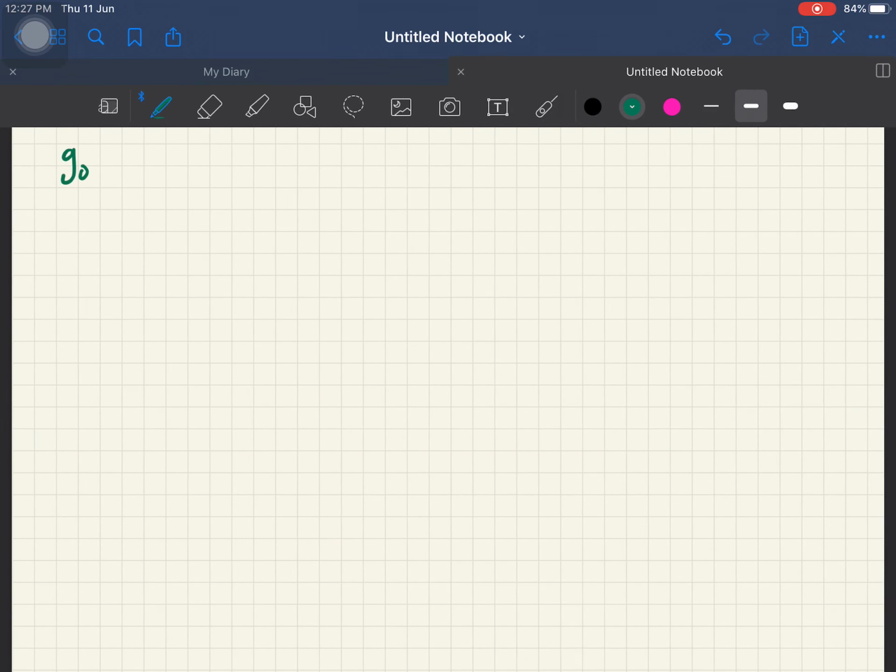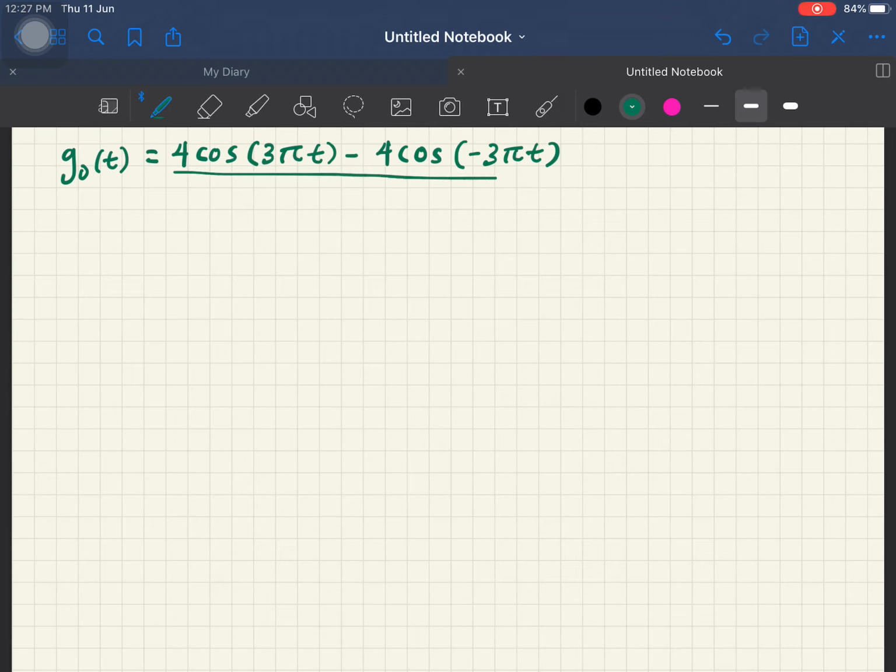Now the odd part. If we substitute, it will give us 4 cos 3 pi t minus 4 cos of minus 3 pi t, divided by 2, and we can substitute this part with simply 3 pi t.